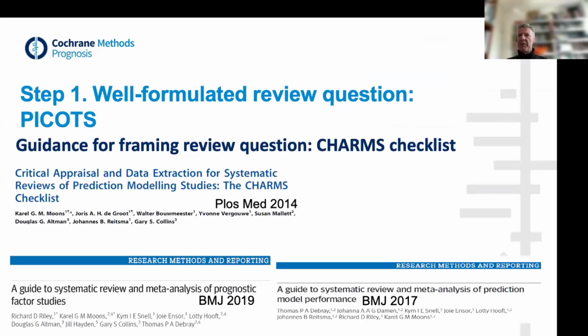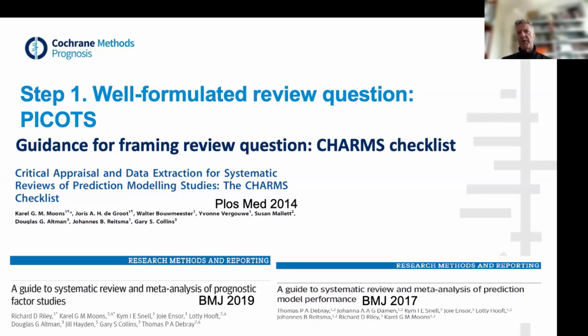Now, for a well-formulated review question, the best guidance that we can give you is that we use the CHARMS checklist, and the CHARMS is a paper that has been written quite a while ago. It was actually developed for critical appraisal and data extraction for systematic reviews for prediction modeling studies, as well as guidance on how to frame a review question for prognostic models.